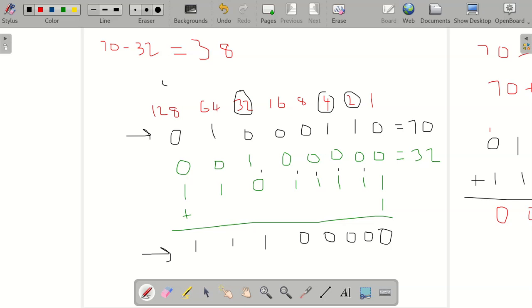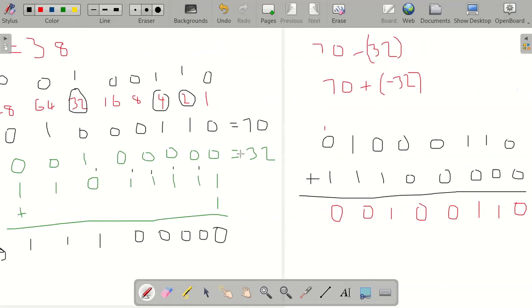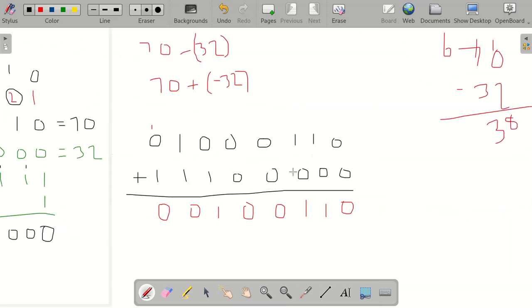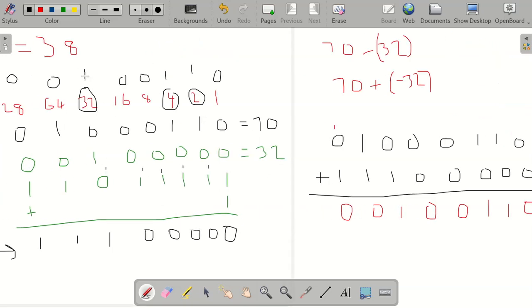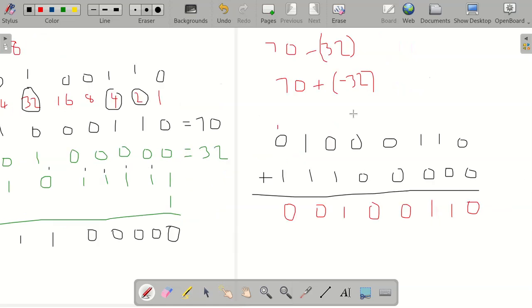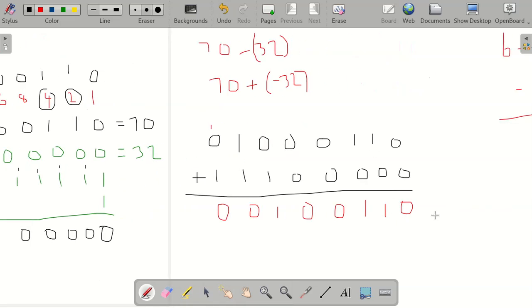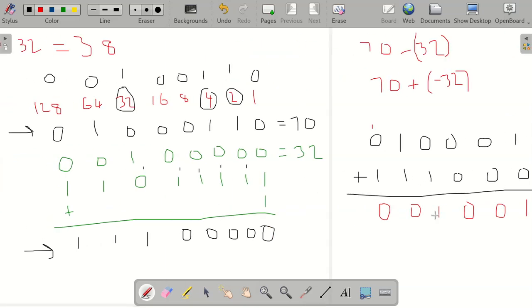So it's the same as 0 0, then 1 0 0 1 1 0, for us to get positive 38. Let's confirm the answer. You can see we have 0 0, 1 0 0, 1 1 0. So we've confirmed that the answer is actually genuine.